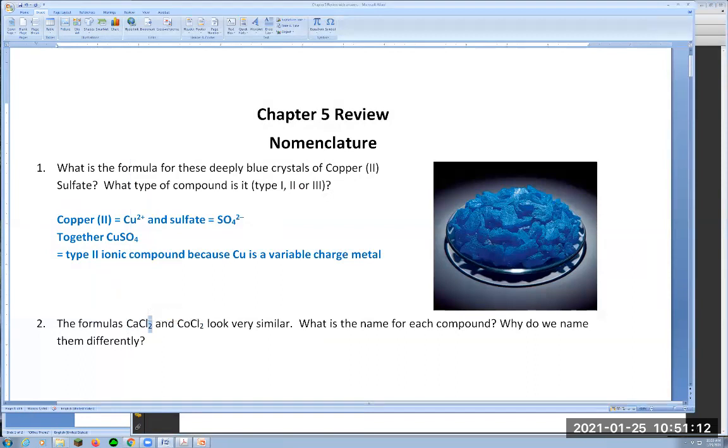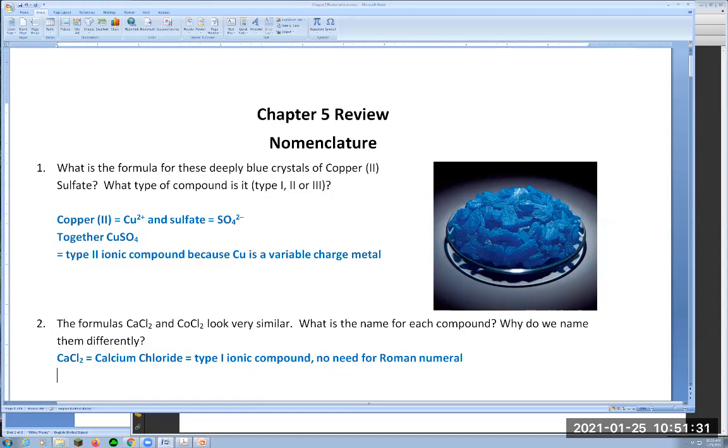Anyway, the name will be simply calcium chloride, because calcium is a type 1 metal. It's a predictable ion, it's always 2+. So it's a type 1 ionic compound, and we don't need a Roman numeral.